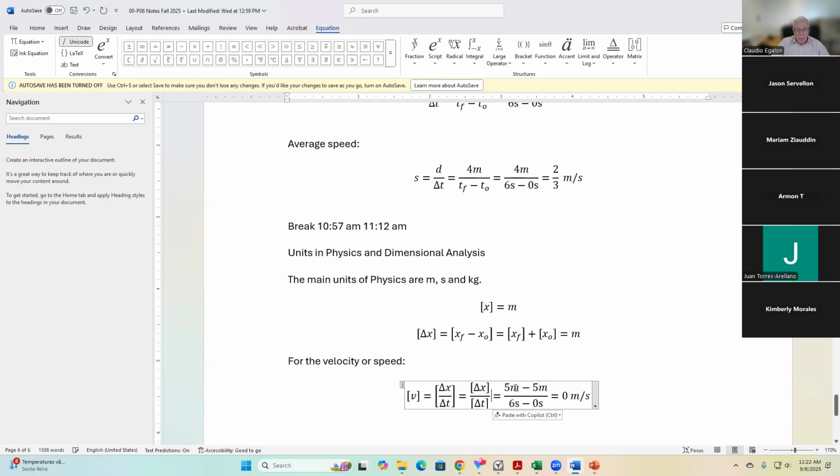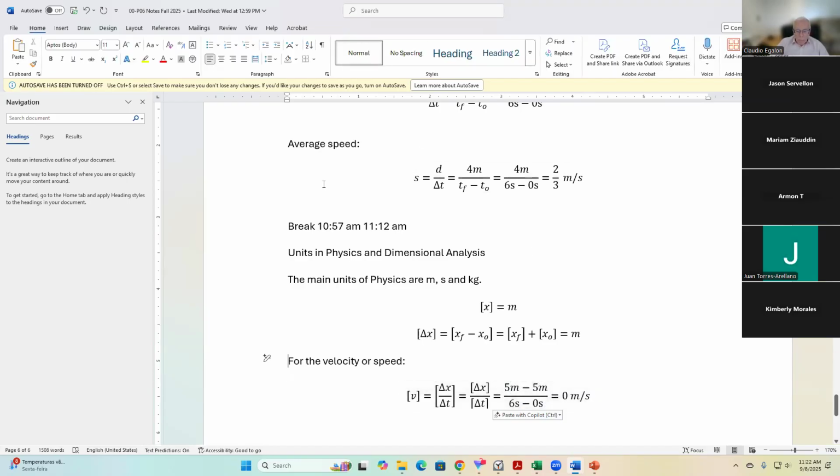Okay, and we do know that the unit of delta x is going to be the meter, and the unit of delta t is going to be the second. So here you go. What we are doing is called dimensional analysis. We are analyzing the unit, the dimension of a given quantity.